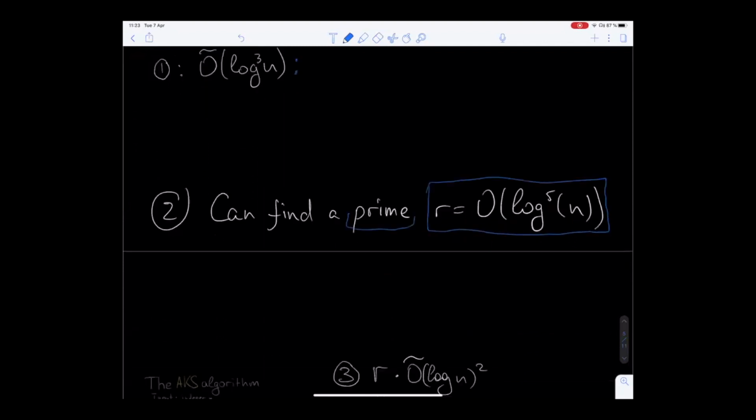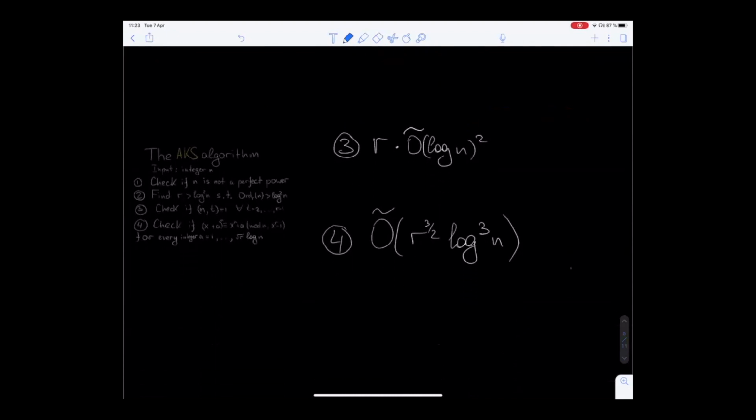Third step is the GCD algorithm of Euclid, and again checking for each number requires roughly log n squared steps, and we do it for all t from 2 to r minus 1.